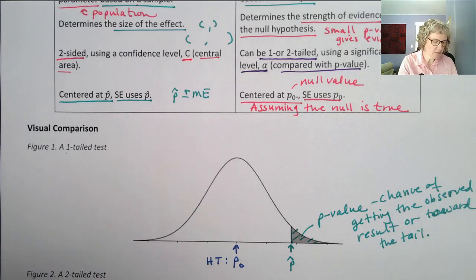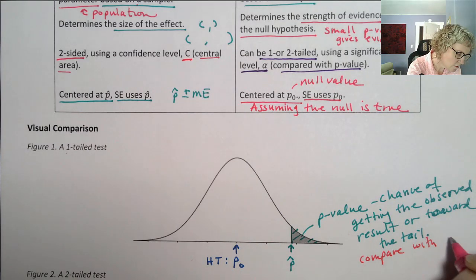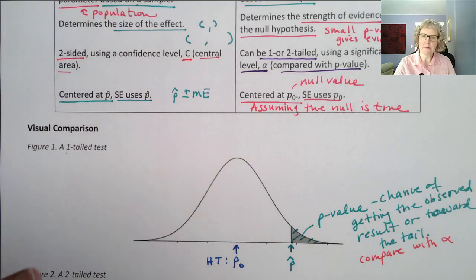Sometimes you also hear the words "or more extreme." That's another way of saying "or towards the tail." But we're always looking at the tails in our p-value. And then we compare that with alpha. That's the hypothesis test. We compare that p-value with alpha, determine if it's significant or not.